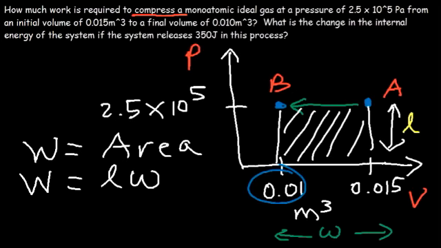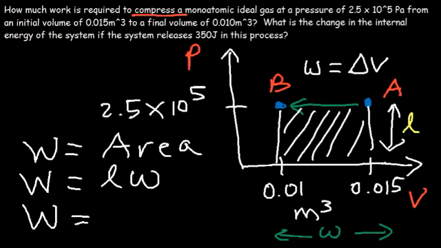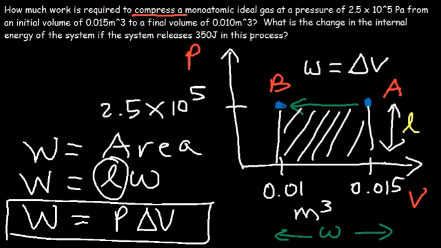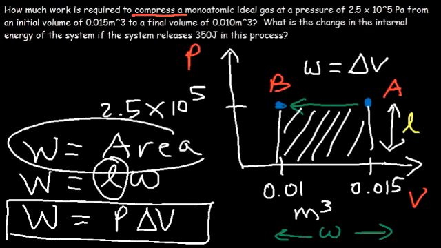It's the final volume minus the initial volume. So we can say the width is equal to delta V, the change in volume. So therefore, another way to get the equation for work for this particular PV diagram is the pressure, which is L, times the width, or the change in volume. So that's another way in which you can derive this equation from the PV diagram. Sometimes you need to use the fact that the work is equal to the area. It's going to help you to calculate the work for problems that you'll see later in this video.